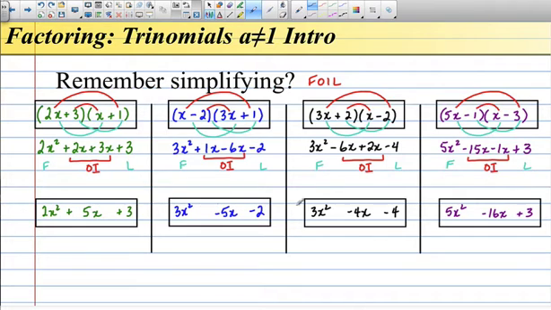All of the trinomials that result have a coefficient of x squared that is not equal to 1.